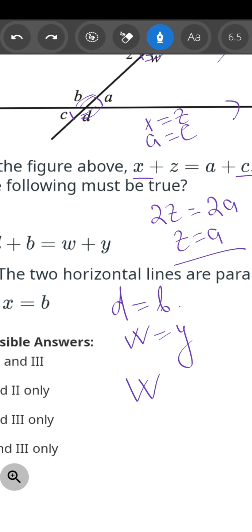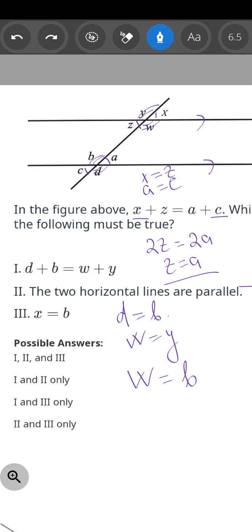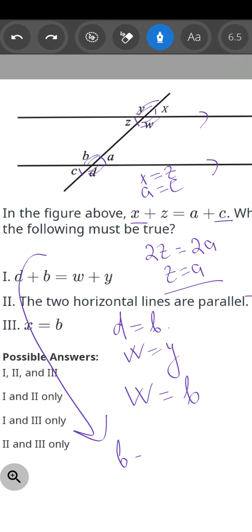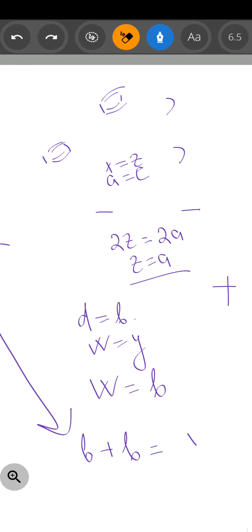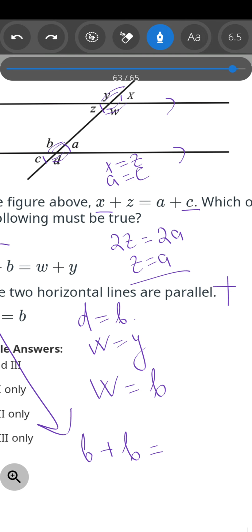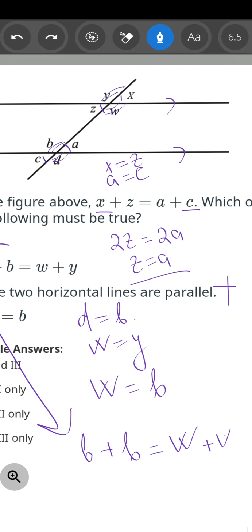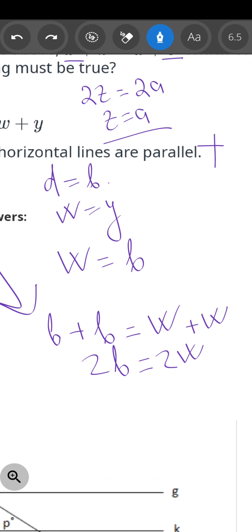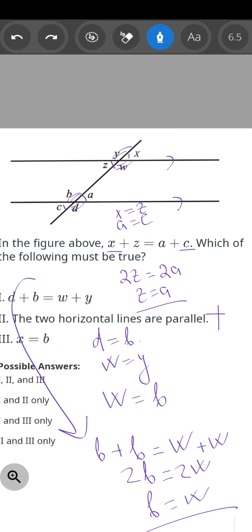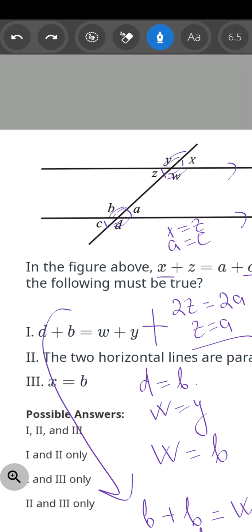W is equal to B, and we will get that B plus B is equal to W plus W. So we'll obtain that 2b is equal to 2 times w. Divide both sides of this equation by 2, and we'll obtain that b is equal to w. That is true, so our first statement must be true.